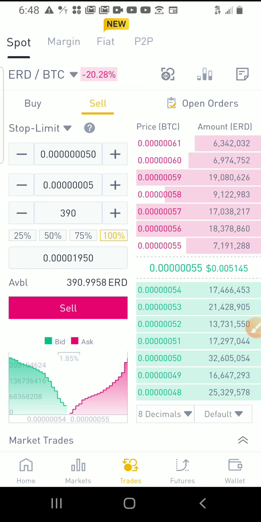Let's say I've calculated the percentage. I said I invested $100 in this ERUD, and I said I don't want to lose more than 2%. So 2% of $100 is $2. So you can also calculate your percentages like that. You understand? When you calculate your percentages like that, you will determine when and where to set.